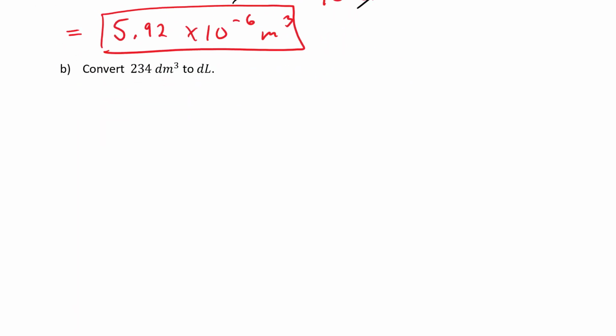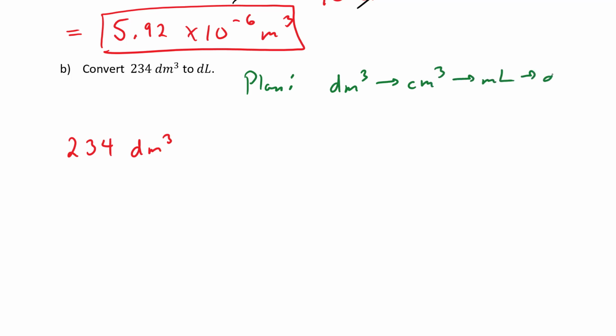Next up, I'm taking 234 decimeters cubed and I'm going to deciliters. So my plan here, I'm going to start at decimeters cubed, go to centimeters cubed, then I can go to milliliters, then I can go to deciliters. Let's do that now.